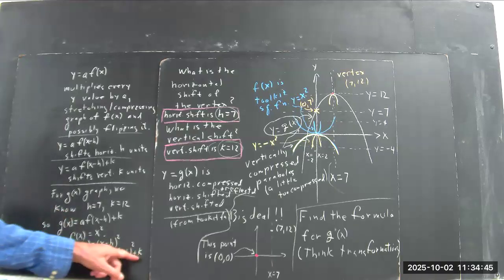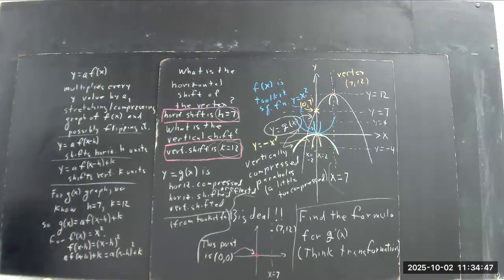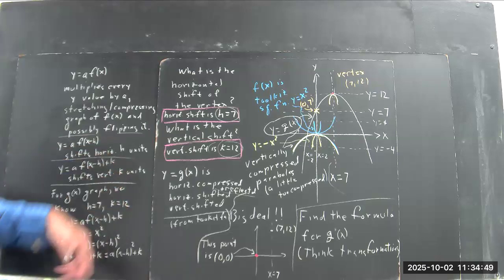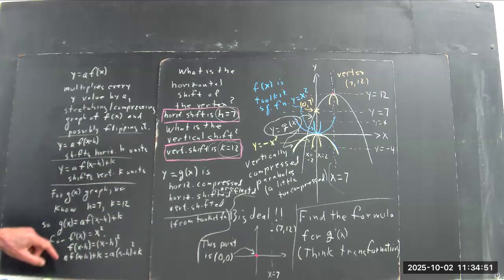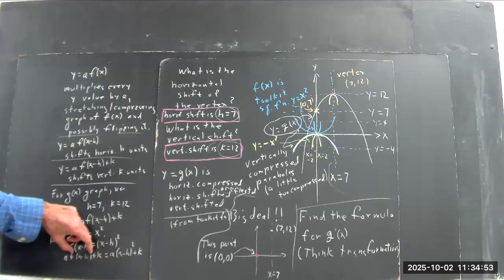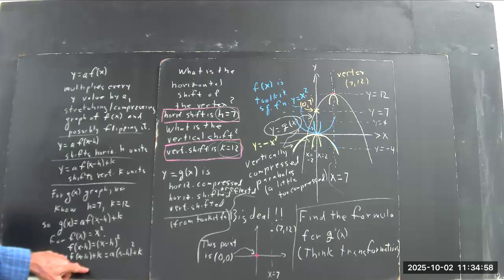You have to understand that k does not go inside these parentheses. The a doesn't go inside the parentheses. We're just taking a times whatever our expression is for x minus h, and then adding k. That's all this says. And this is g of x.